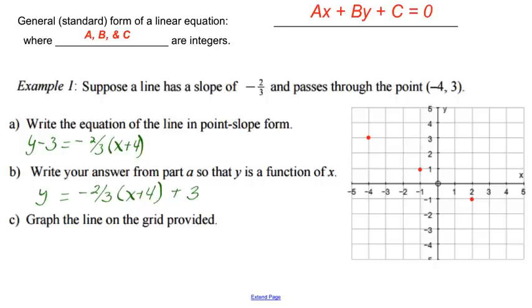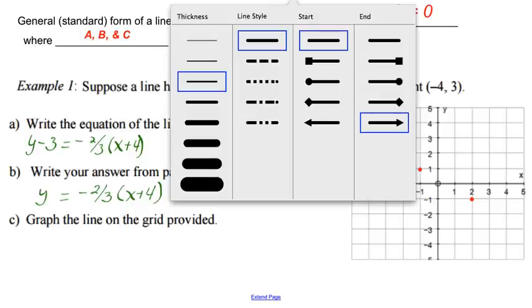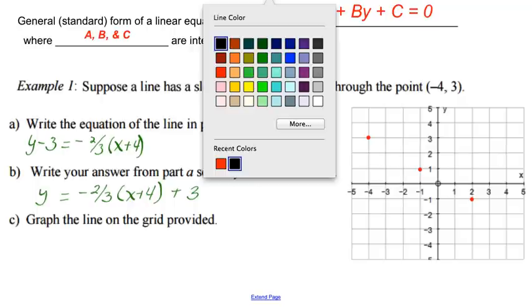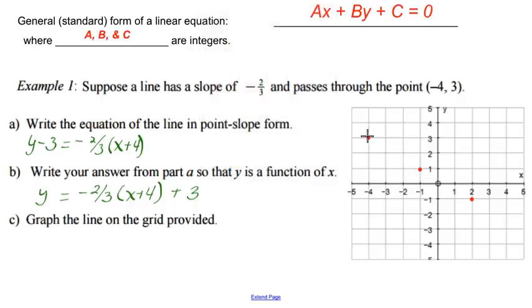Just need to get my arrows on both ends. There we go. And let's do this one in red. So there you have it. That is the line whose equation is y minus 3 equals negative 2/3 times x plus 4.